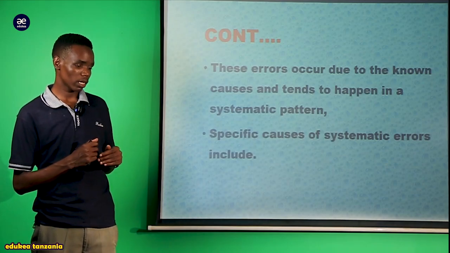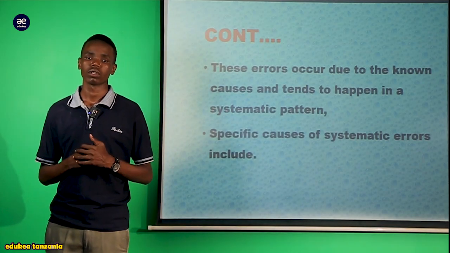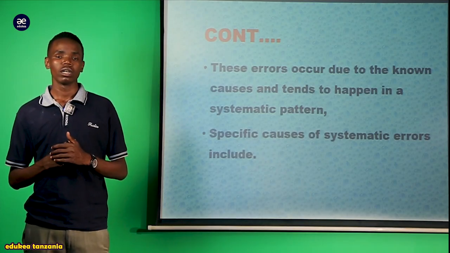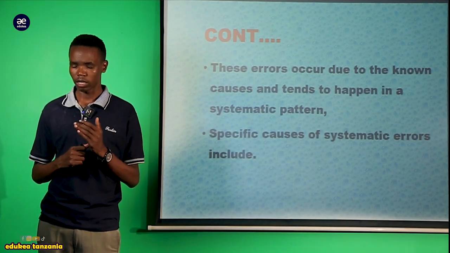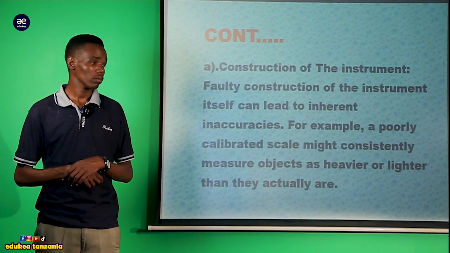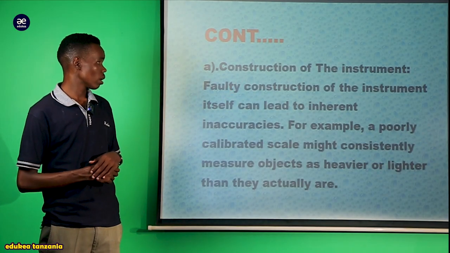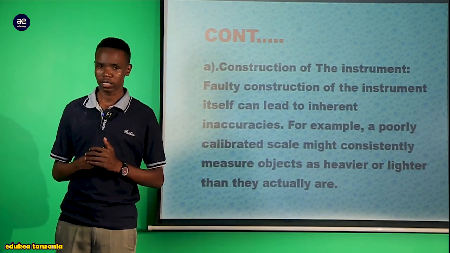You will be asked how this systematic error can occur. Now, my dear student, we are supposed to understand these causes of the systematic error. So there are several causes of the systematic errors.